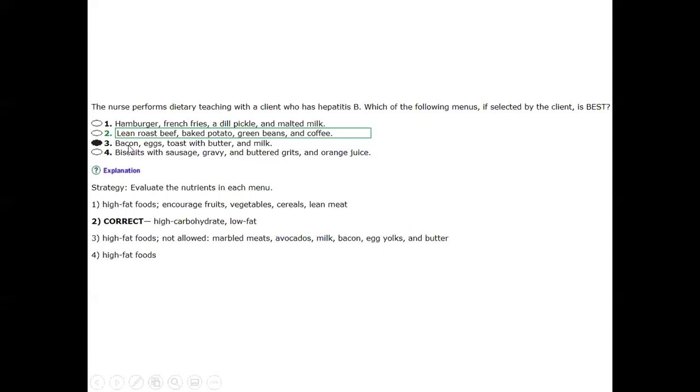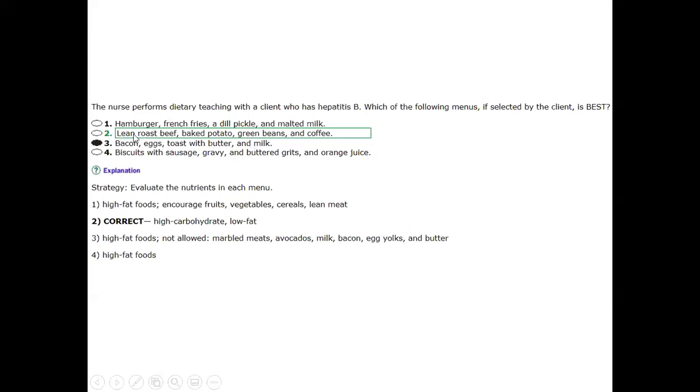So we choose the least fat. Number 1, hamburger, is a lot of fat. The liver will struggle to digest too much fat. Number 3, bacon, eggs, butter, milk, fat. Number 4, sauces, gravy, buttered, also fat.